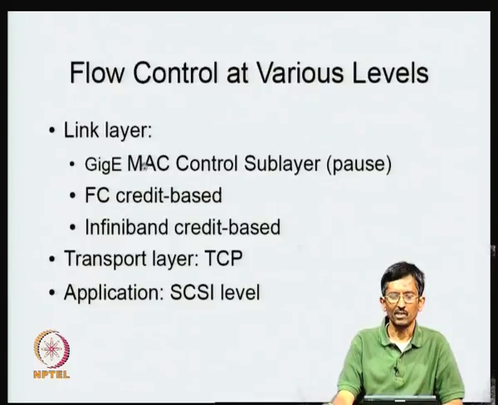Okay. There is also something called credit based, where you can send only so many credits of data. Okay. For example, you might decide beforehand, the initiator and the target can decide there are going to be 64 credits or 256 credits, and then every time an ACK comes, your credit increases. Every time you send data, you decrease your credit.